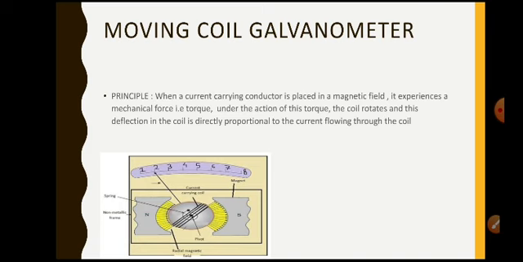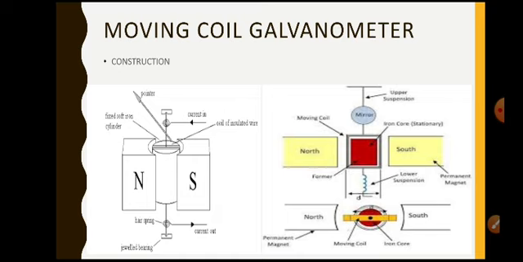It consists of a horseshoe magnet, whose two poles are shown by N and S, and a rectangular frame which is wound with a large number of turns of insulated copper wire.